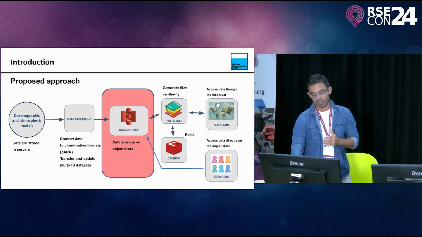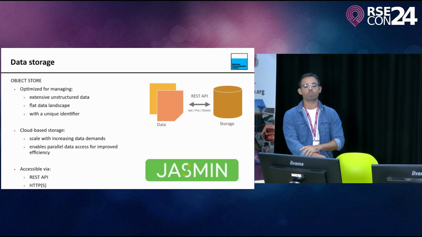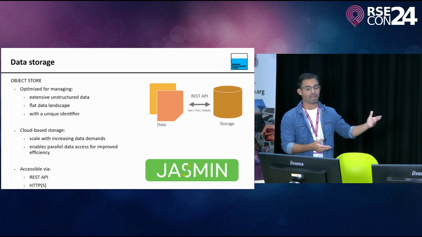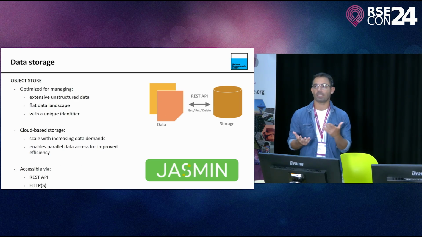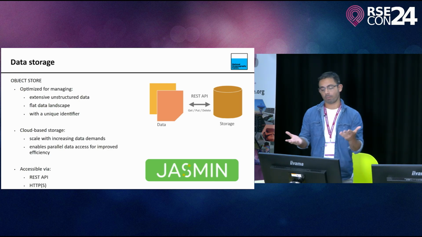So first I'll start with the data storage. To store the data, I'm choosing an object store. An object store is optimized for managing extensive and unstructured data, and model output is unstructured data, so it's perfect for that.